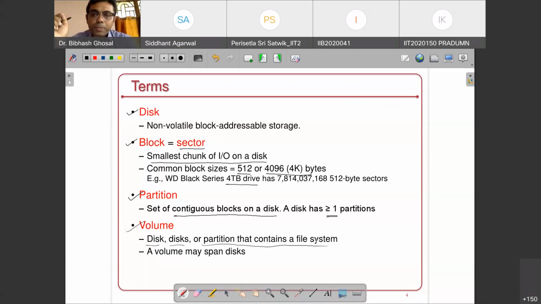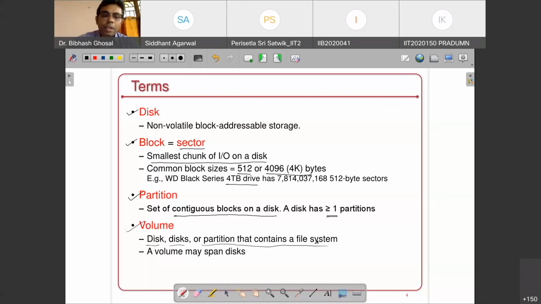So when you are reserving those blocks, what are you going to put in that block? You're going to put a certain kind of data within that block. You are going to arrange those files in a certain way, and that is what we call file system. So the disk that contains a file system is called a volume.